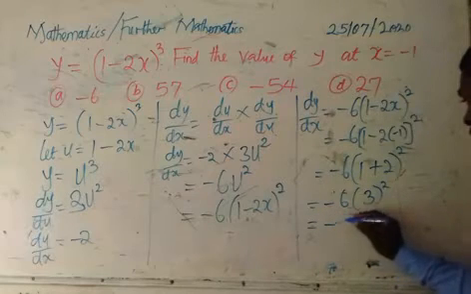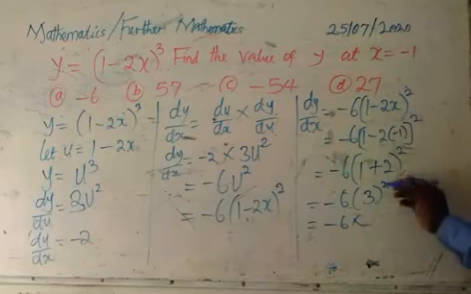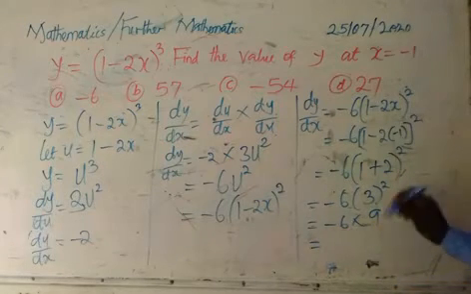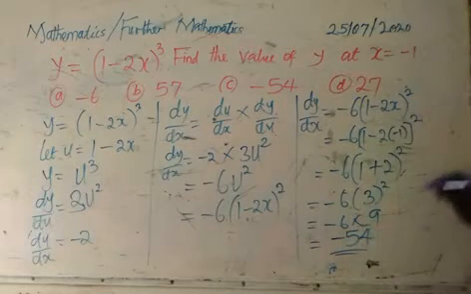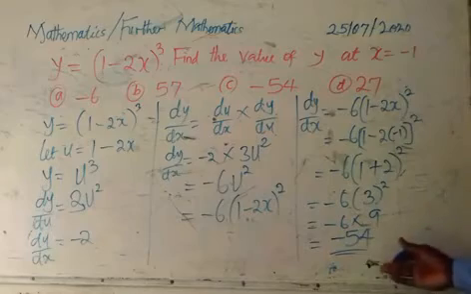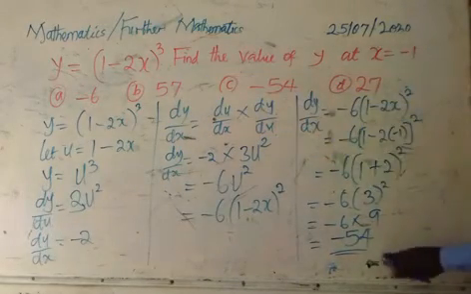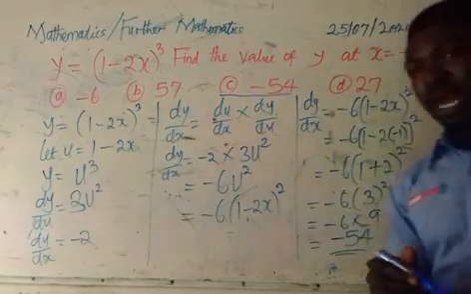So we have minus 6 times 3 raised to the power of 2, which is 3 times 3, which is 9. And minus 6 times 9 is equal to negative 54. That is our final answer. And if you check the options provided here, the answer is equal to C. That is the right option.